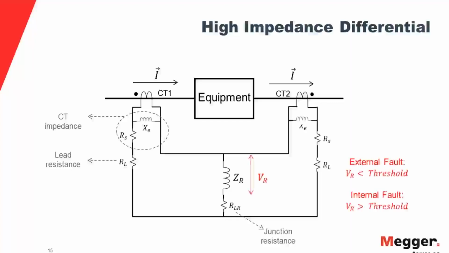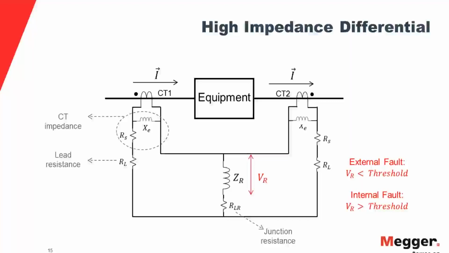So what happens is, when there is a fault, because of the really high impedance of the relay compared to the overall impedance of the CT and also the lead that is connecting into the relay panel.